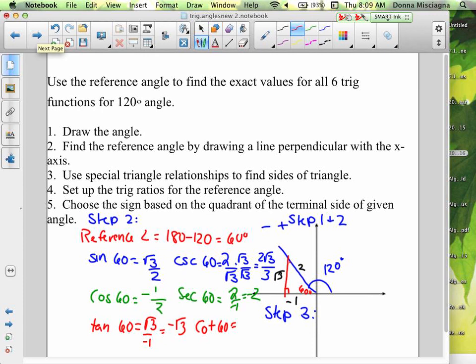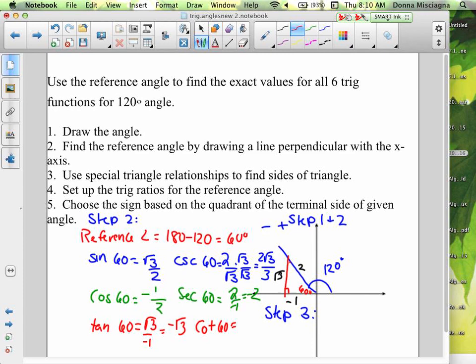Abby? Yeah, square root of 3 over -1. Right? No, not the square root of 3 over -1.